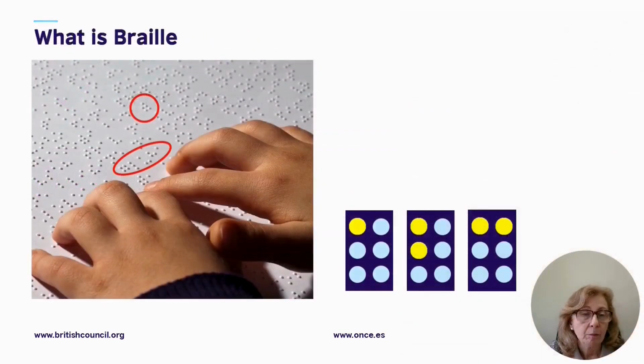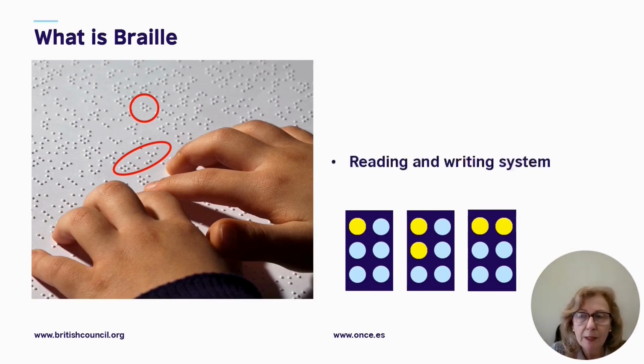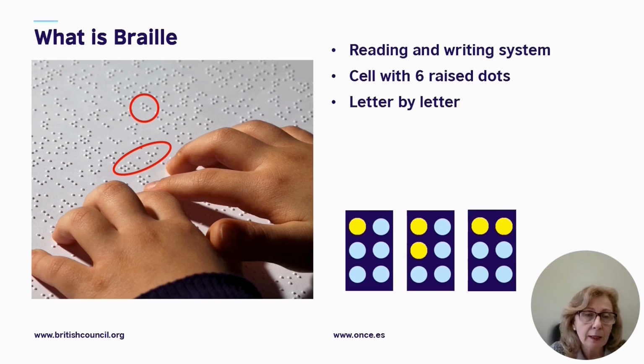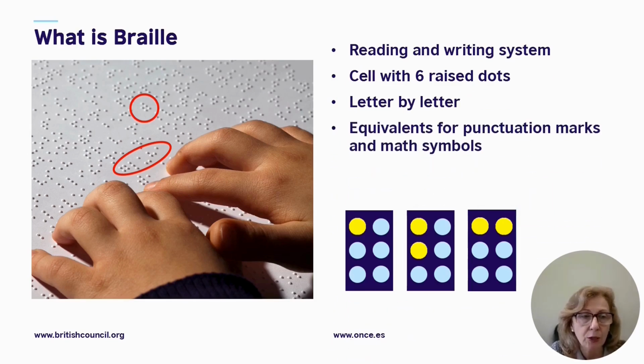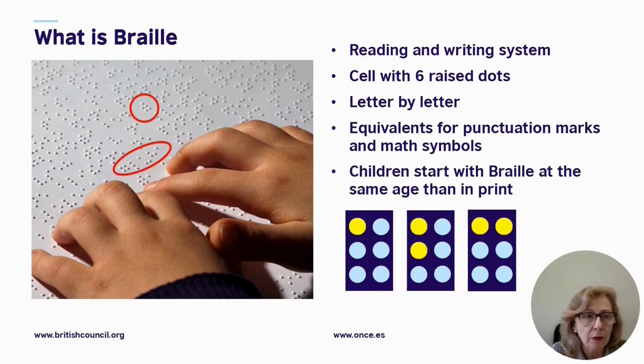What is Braille? Maybe you're asking yourself, is Braille a language? Is it a touchable ordinary alphabet? Braille is a reading and writing system. It consists of a cell with 6 raised dots that you can read by touch. It's written letter by letter, like the ordinary print. And depending on the dots raised, it represents different letters or punctuation marks or math symbols.